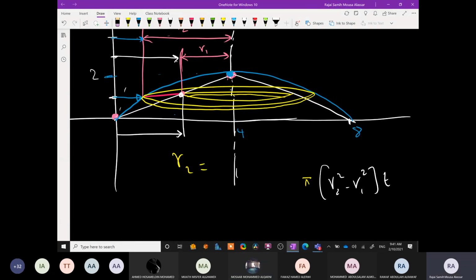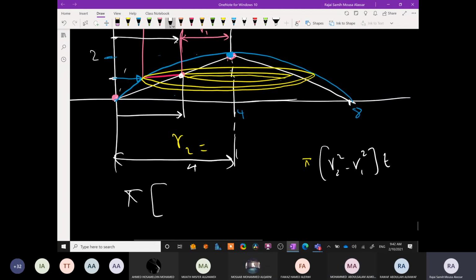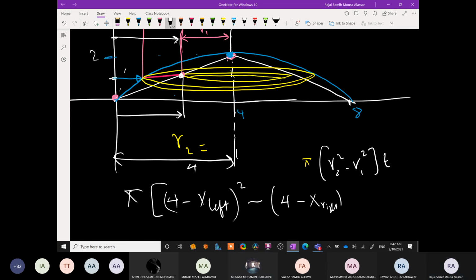So it becomes pi, times R2, which from here to here is 4 minus the blue one, 4 minus x of the left function, squared, minus 4 minus x of the right function, squared, multiplied with the thickness, which in this case is dy. And you want to integrate that from 0 to 2, because you have to go through the samples here.